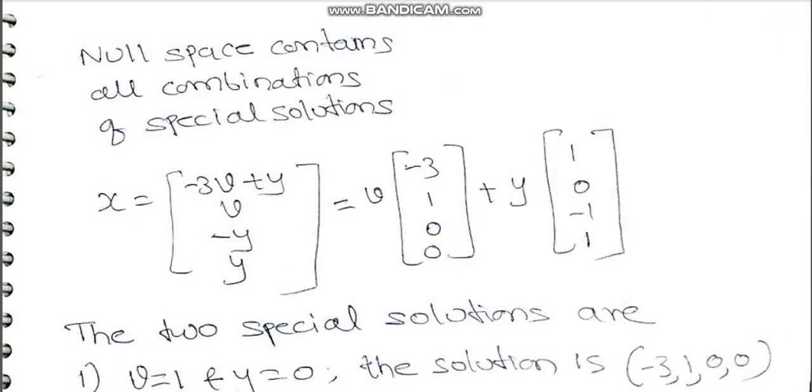In this null space solution, you have two special solutions. What are those two special solutions? You have two free variables. One solution is when v equals 0 and y equals 1, and another solution is when v equals 1 and y equals 0.